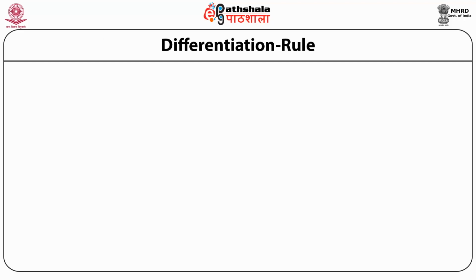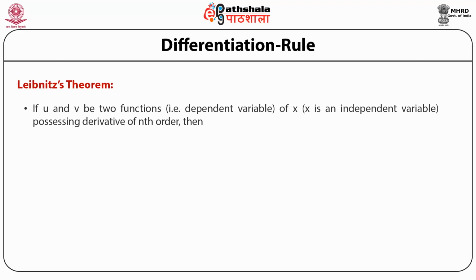Differentiation rule: Leibniz theorem. If u and v are two functions, meaning they are dependent variables on x, let us say x is the independent variable, then the nth order derivative d to the n by dx to the n of uv is equal to u to the power n into v plus nC1. nC1 is the combination factor.